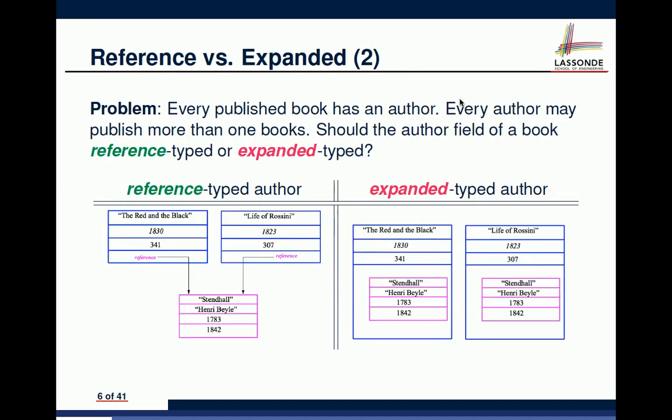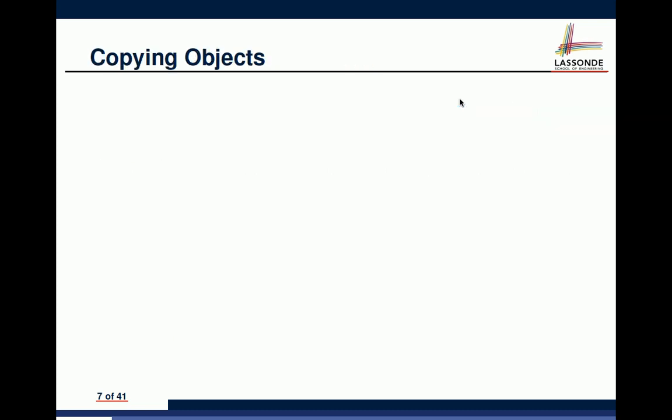Again, expanded type is just a modeling concept about composition without any sharing. Now let's go back to reference type, where things can be interesting. We're going to talk about copying objects. We do have about 25 minutes, so let's see how much we can do.